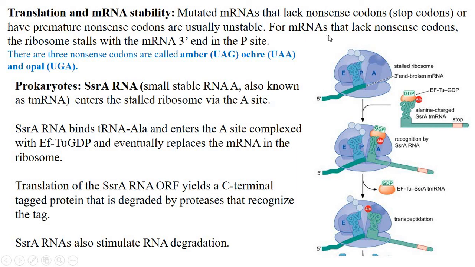For an mRNA that lacks a nonsense codon or stop codon, the ribosome will stall with the mRNA 3' end in the P site. In this example, you have a 3' end broken mRNA. One thing to keep in mind is that the 5' cap and the poly-A tail of the mRNA really provide stability.